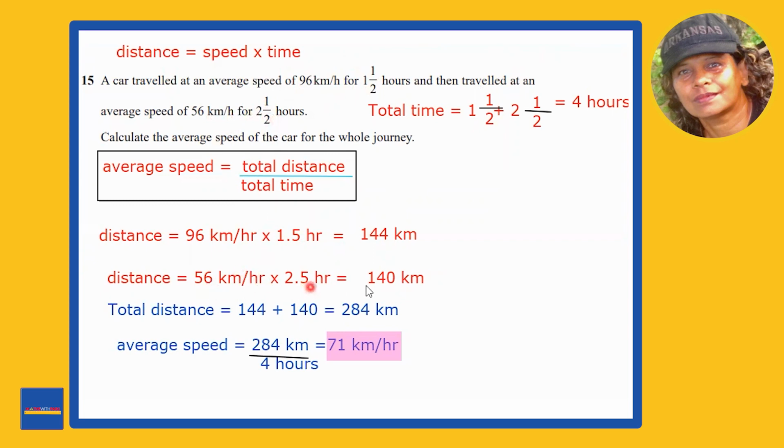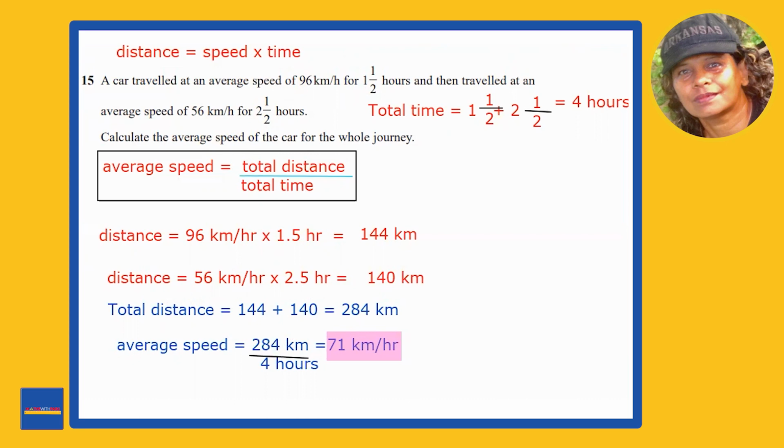So 56 into 2.5 is 140. So the total distance is 144 plus 140, which is 284. Now the average speed is this total distance, 284, divided by the total time of 4 hours, and our answer is 71 kilometers per hour.